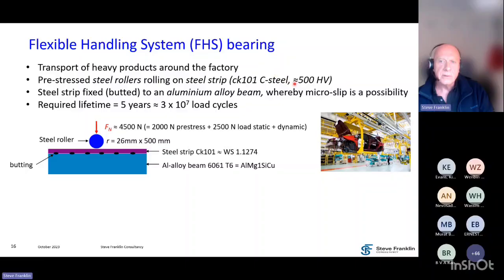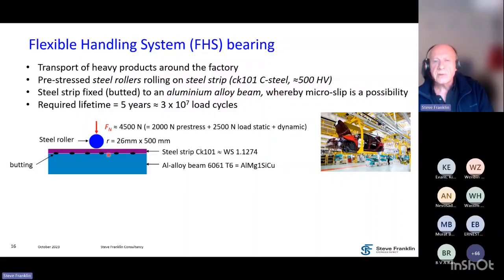And this is a carbon steel strip with quite a high hardness, 500 Vickers hard. And this steel strip, in purple here on the diagram, is fixed by butting or hammering in certain areas to an aluminium alloy beam, which is the main carrier of the weight.